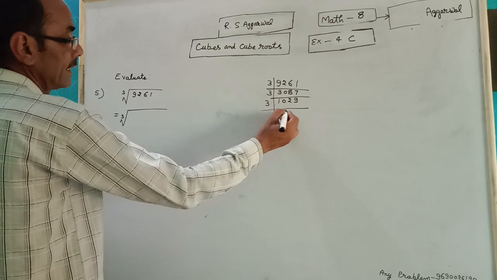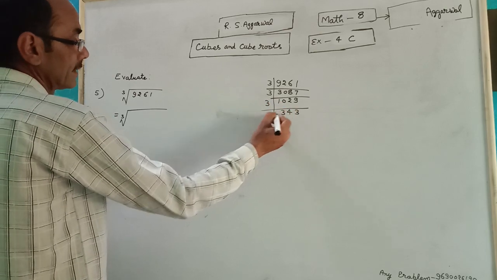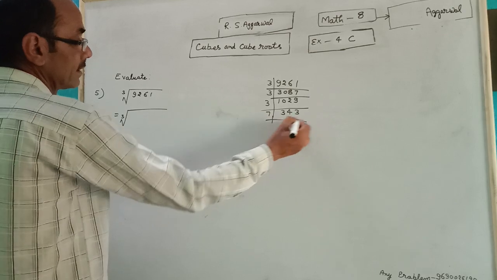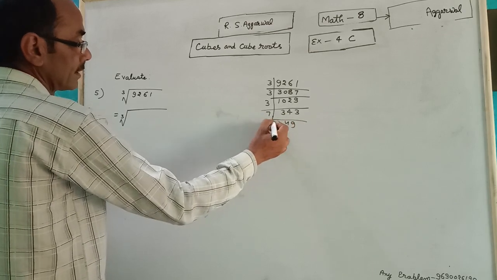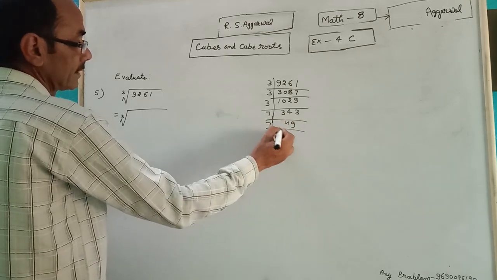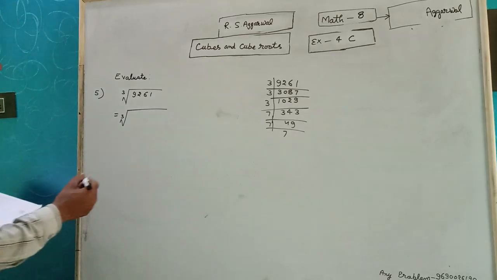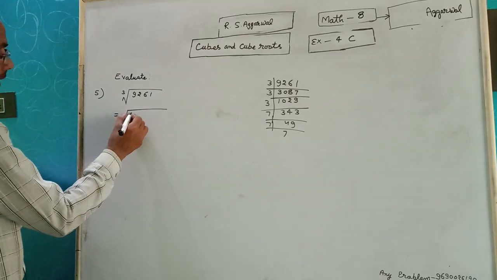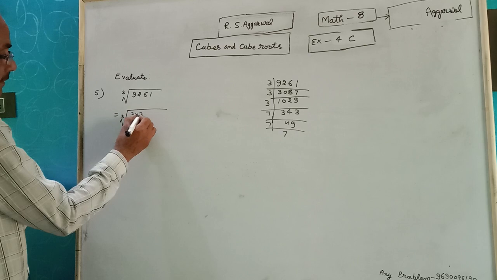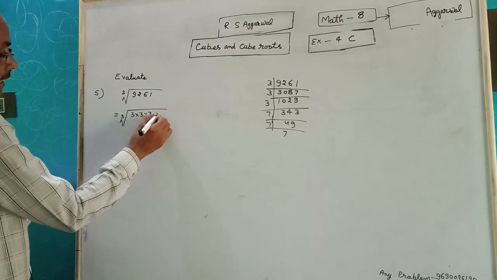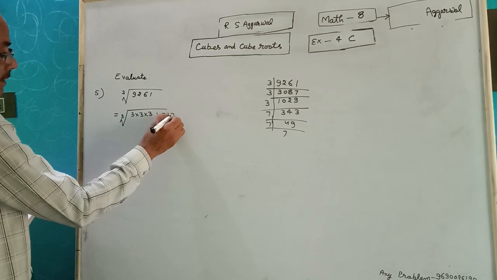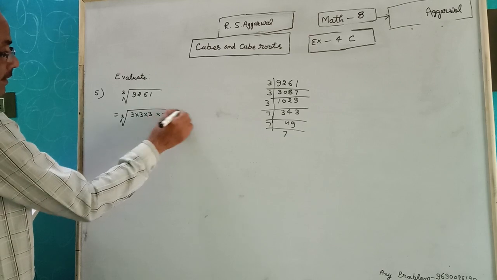After 3 3 is 9. 3 4 is and 3 3 is. 7 divided by 7, 7 is 49. Factorize the 3 into 3 and 7 into 7 into 7.